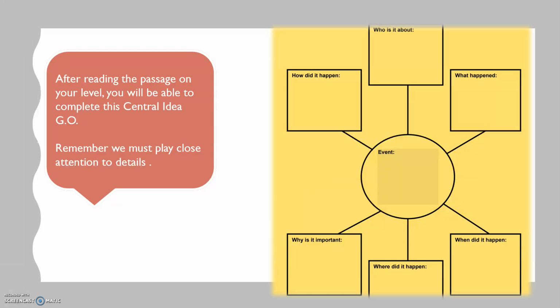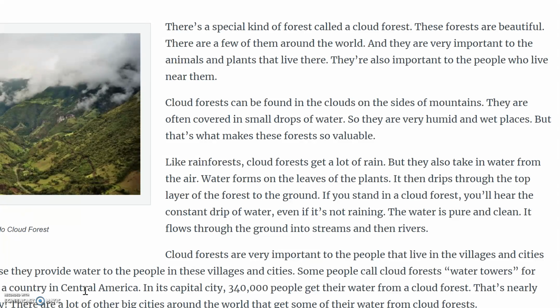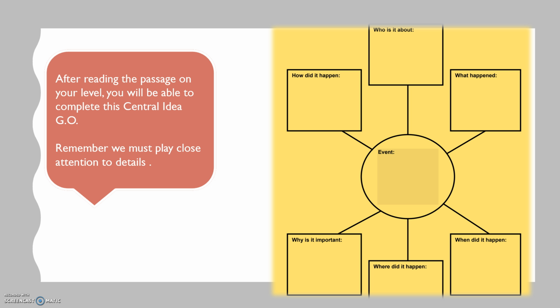So once you've logged on to readworks.org, you should have something that looks like this. And again, the title of your passage is Water from the Air, Cloud Forest, and it is pretty lengthy. However, as you finish doing your reading, whichever you prefer, I want you to complete this graphic organizer here.